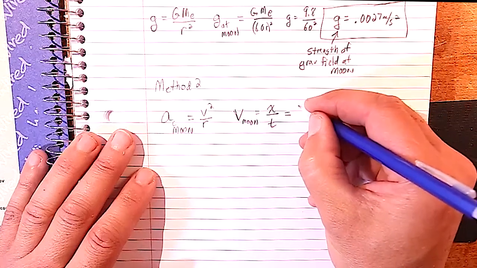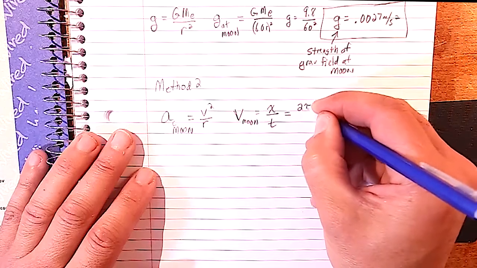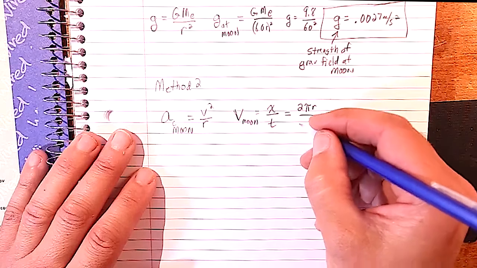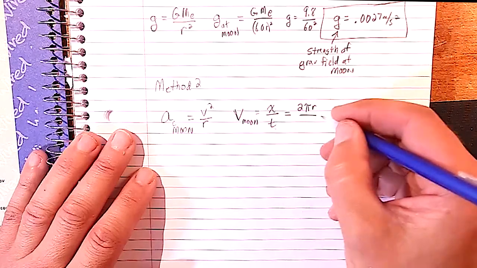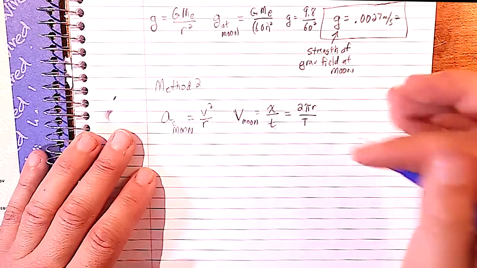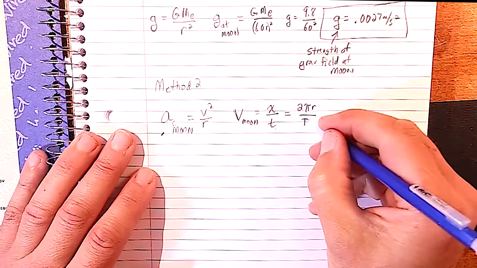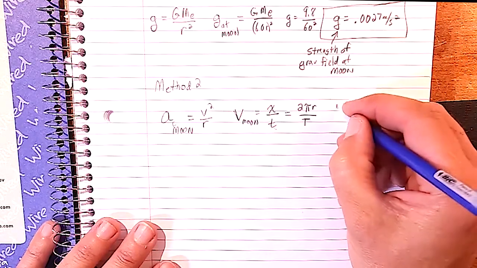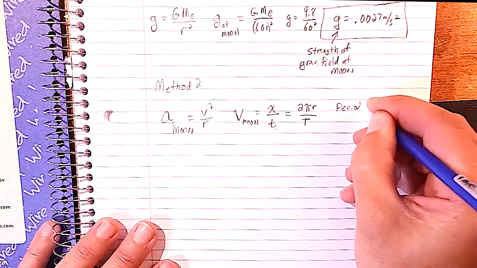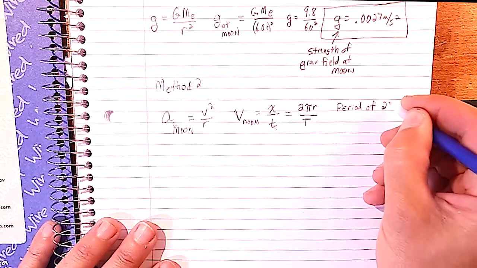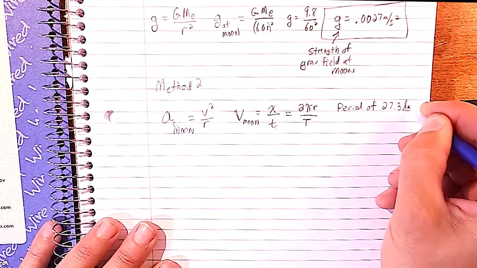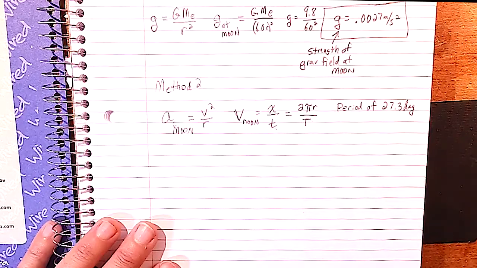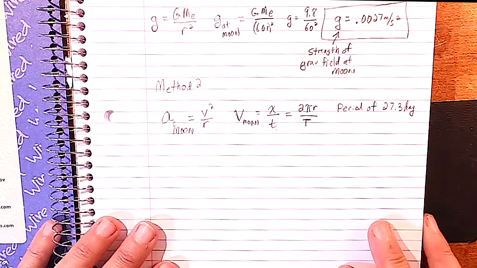It's pretty much a circle, so we can say it's the circumference, or 2 pi r. And when we talk about the time for one revolution, we call that the period, capital T. So the period of the Moon is 27.3 days, and you can convert that to seconds, which is 2.36 times 10 to the 6th, but I'm going to do this without numbers.